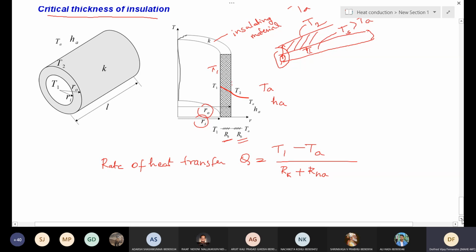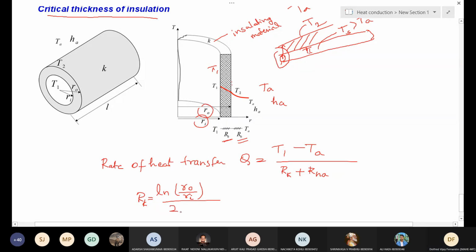So tell me what is the conduction resistance, because this is a cylindrical case. What is Rk? It is ln of R outer by R inner, divided by 2 pi L k. Here I have used R outer and R inner.